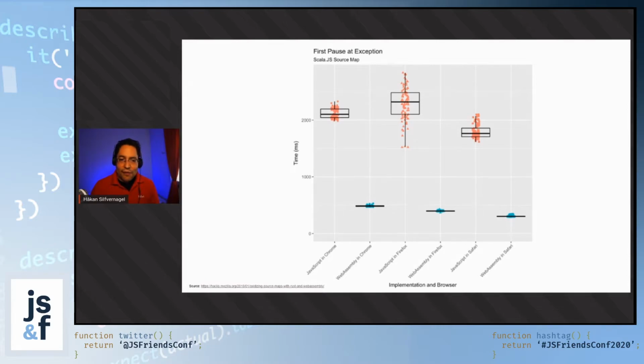So what we can see from this image here is that on the whole WebAssembly is a lot faster than JavaScript. But maybe what is even more interesting here is that with JavaScript you have a quite high standard deviation of how much time this operation will take.